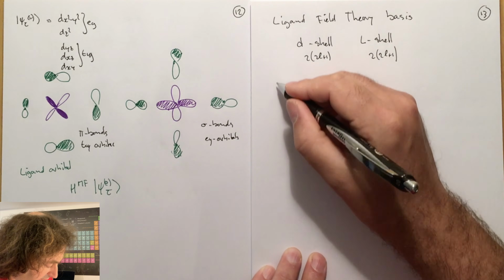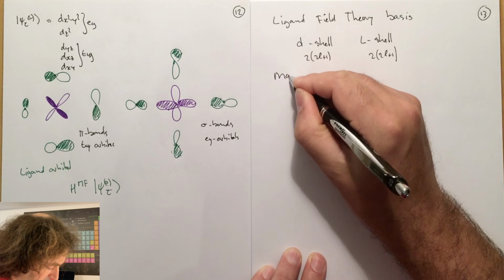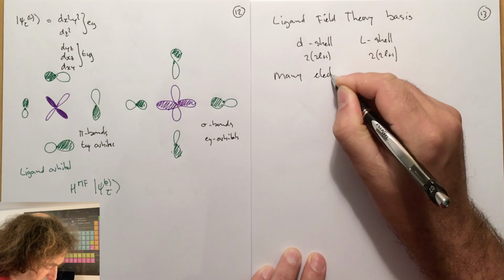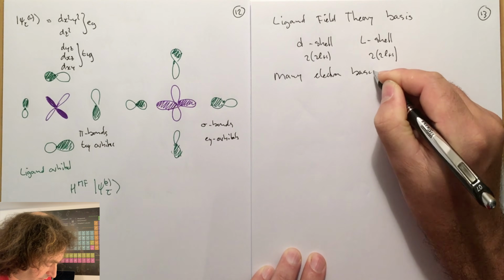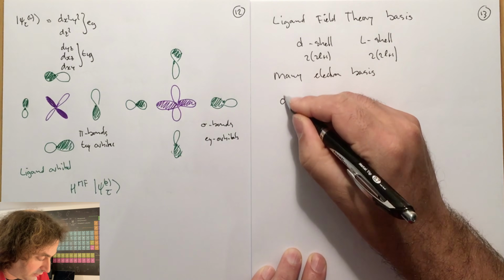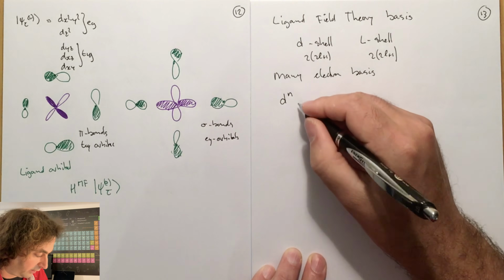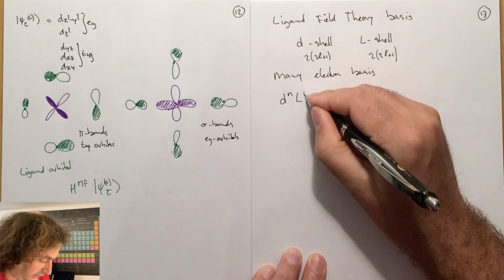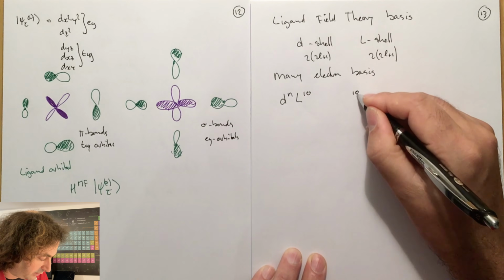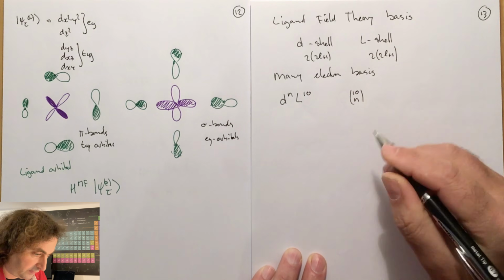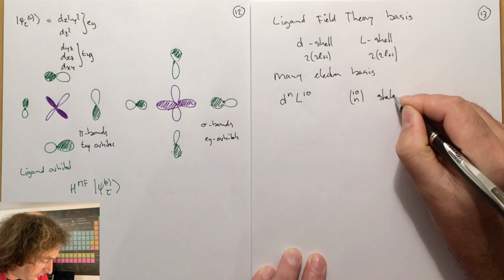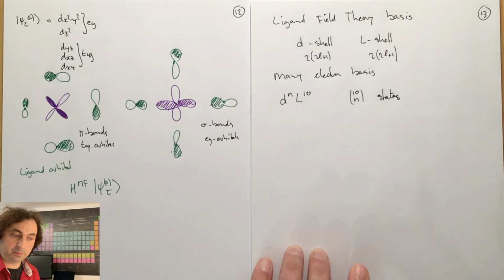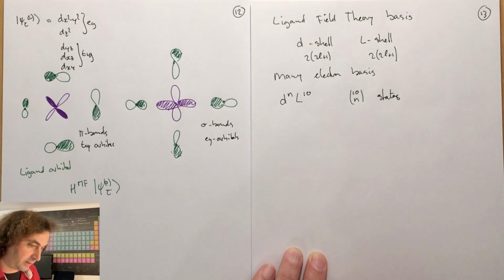Now, in many electron bases, we can start from the configuration defining our formal valence, d^n L^10, and in this case there are 10 over n states. That would be the basis you pick in a crystal field calculation.